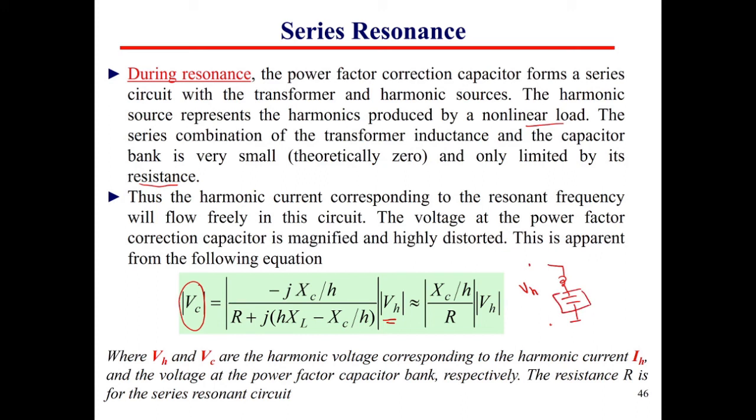It will be the total voltage times the reactance of the capacitor divided by the summation, and that will be this value at resonance. You will notice that the harmonic voltage across the capacitor during resonance will be very high.